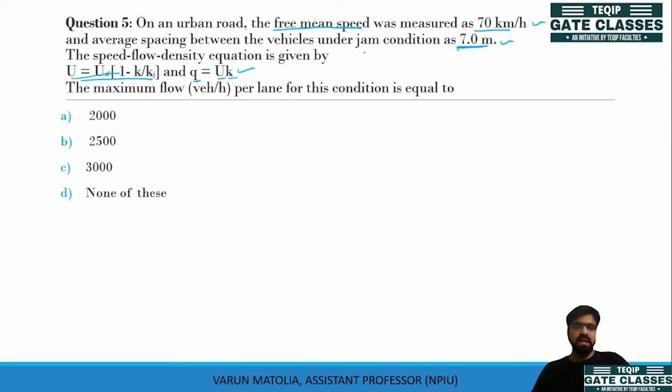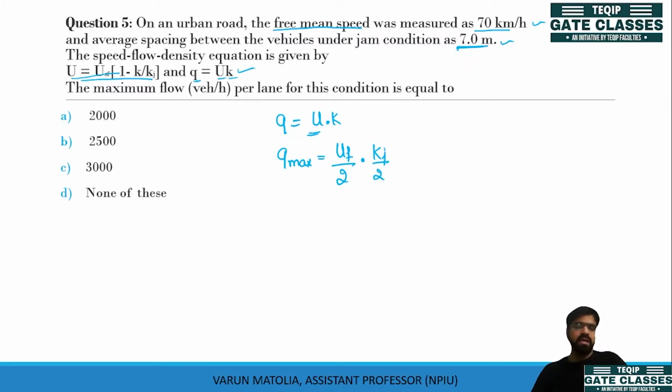Do we have the density here? We know that Q is equal to U times K, where U is your speed and K is your density. We also know that Q max is equal to U free flow divided by 2 multiplied by Kj by 2.